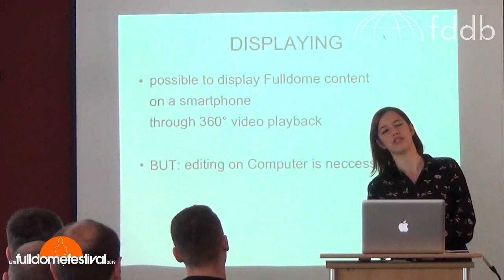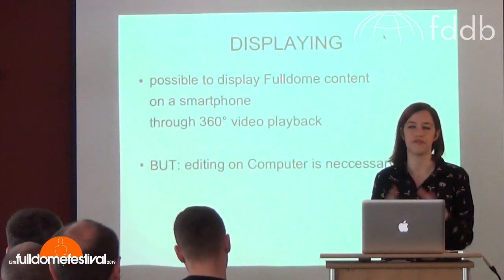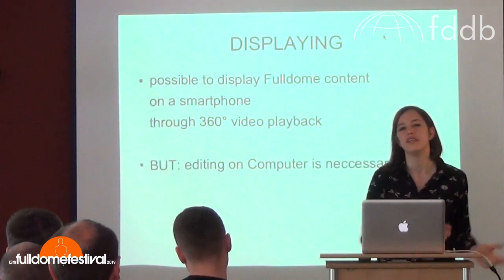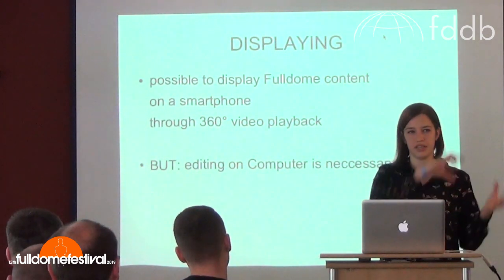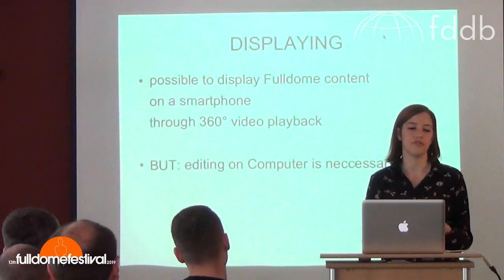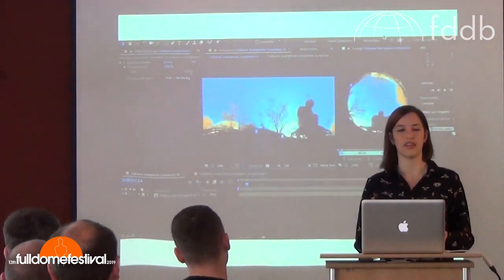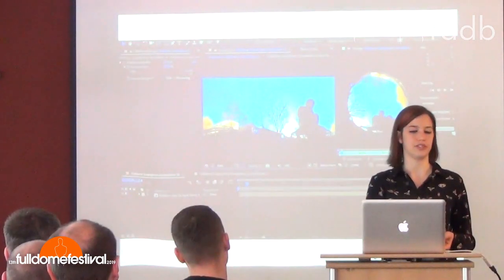Just the one thing which has not yet worked is going from the editing step on your phone to the 360-degree display format on your phone. Before that, you have to go back to the computer and edit it in After Effects to give it a different format.